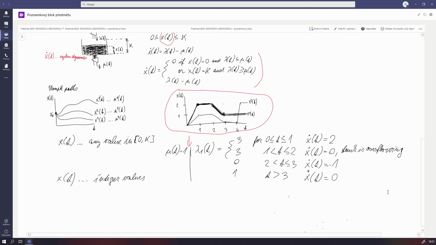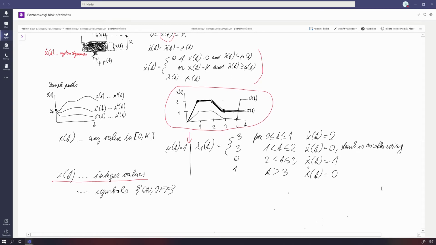If we get back to this notion where the state variable is represented as integer values, or it can be represented as a set of symbols, for example on, off, then we talk about a discrete set that represents the state space.